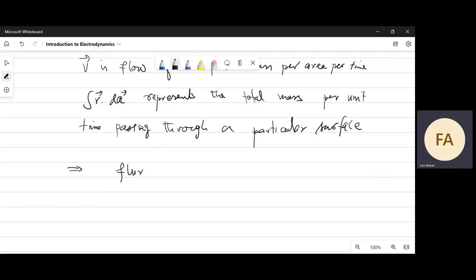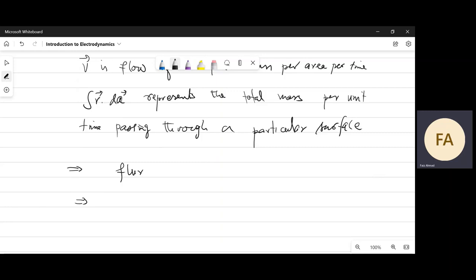But there are special cases where the integral is independent of the surface and only depends on the outer boundary, or outer line, of that surface. We will see those surfaces in our incoming lectures on electrodynamics, specifically when we discuss Gauss's law and things like that.